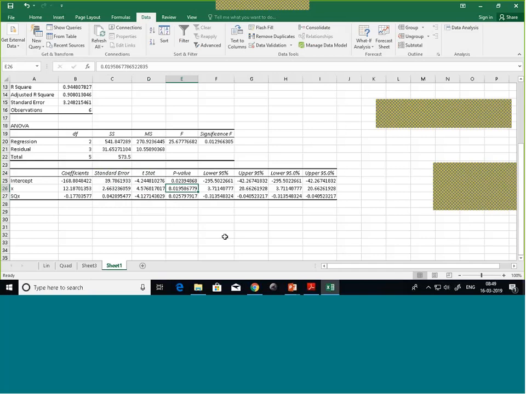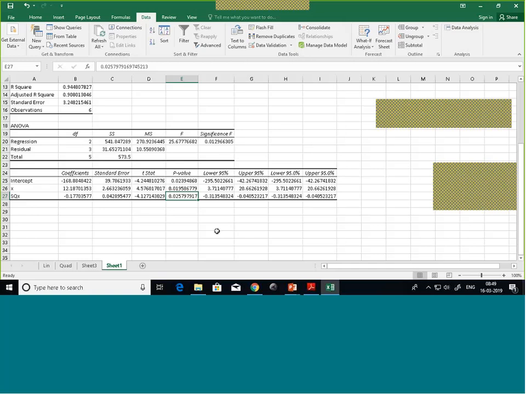Is it less than or equal to your alpha? Yes. That's why the coefficient beta 1 is significant. Similarly, if you go to the coefficient beta 2, it is also less than or equal to 0.05, which means that the coefficient B2 or beta 2 is also significant.